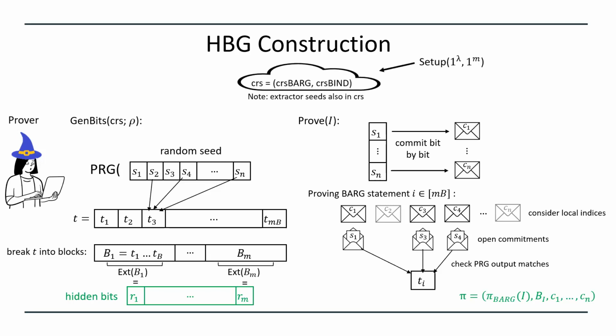And then to facilitate using the commitment and the BARG, our CRS is just going to be the corresponding CRSs for both of those primitives. And then all the verifier has to do is check the extraction for itself and also check that the BARG proof verifies. So this is the construction. So let's get into a quick sketch of the proof.